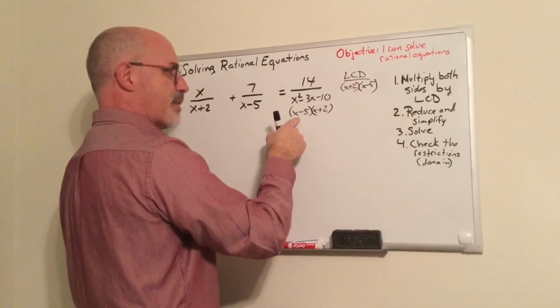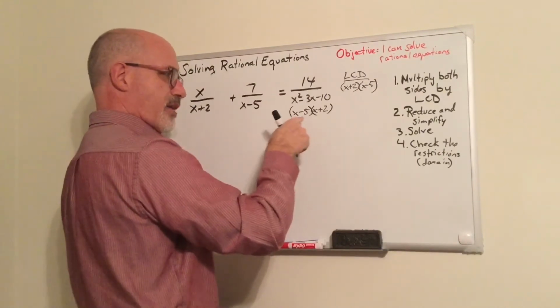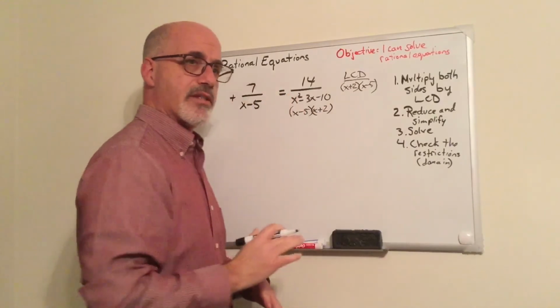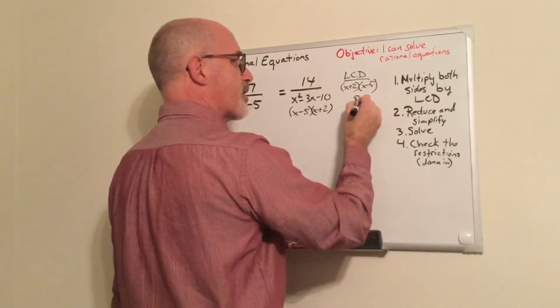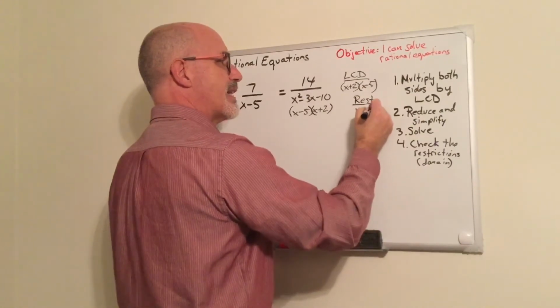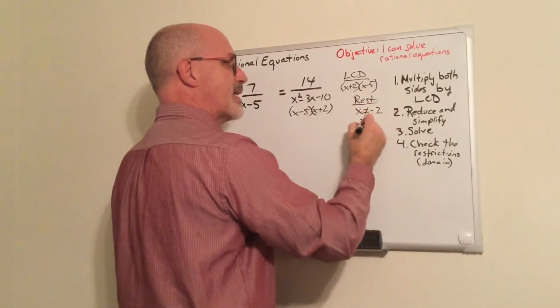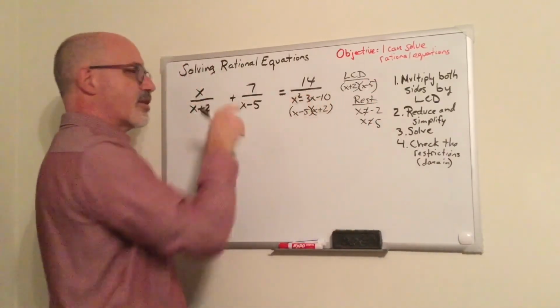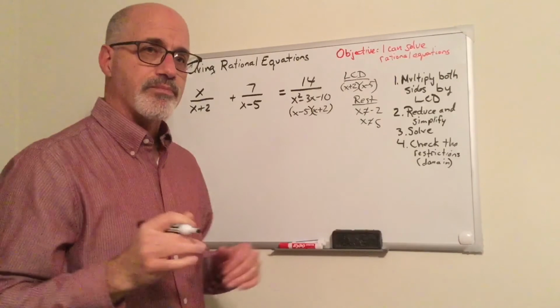There's no exponents to compare, so I don't have to take the greatest. That's my LCD. For my restrictions on the domain, I cannot have negative 2, and I can't have 5 be answers. Either one of those would give me zeros in these denominators, not allowed.